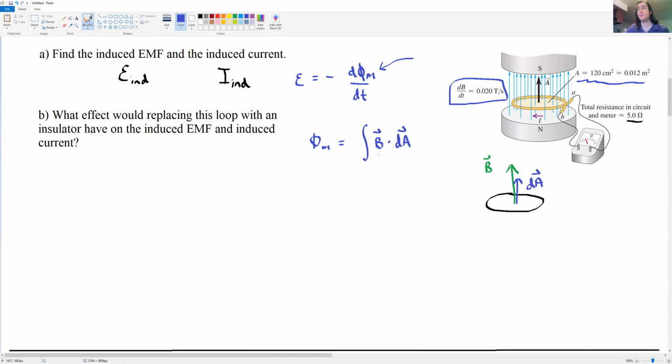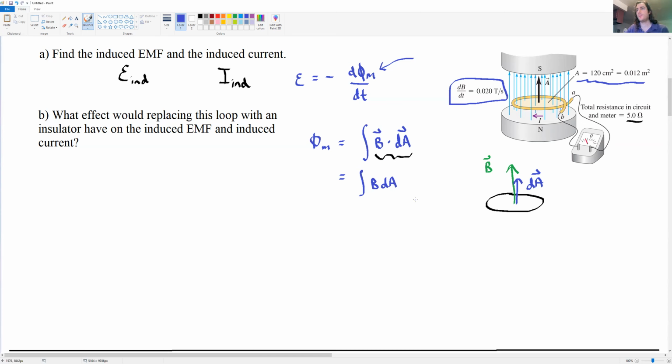So when we do the dot product here, there's no cosine of any angle. The two are parallel, right? So cosine is going to be 1. So we can write this as integral B dA.